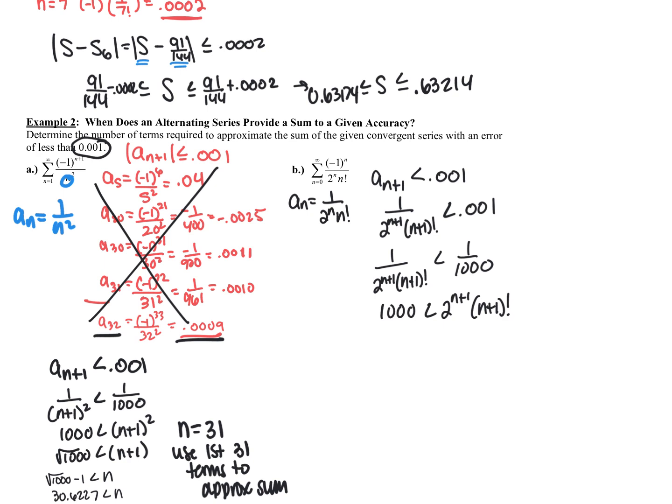So like if we say, okay, what if we do n equals 3, right? Will that make our value less than 1,000?